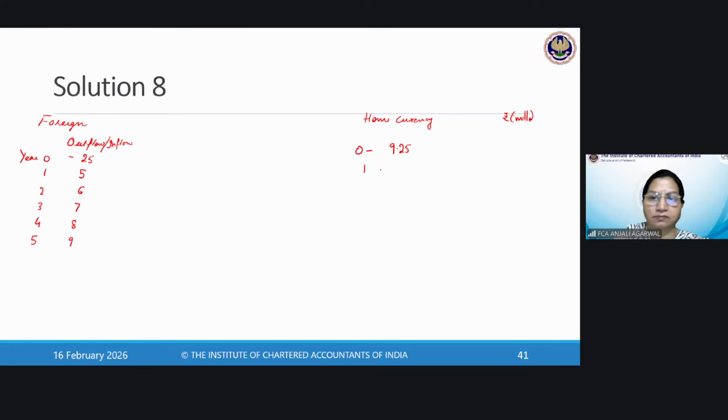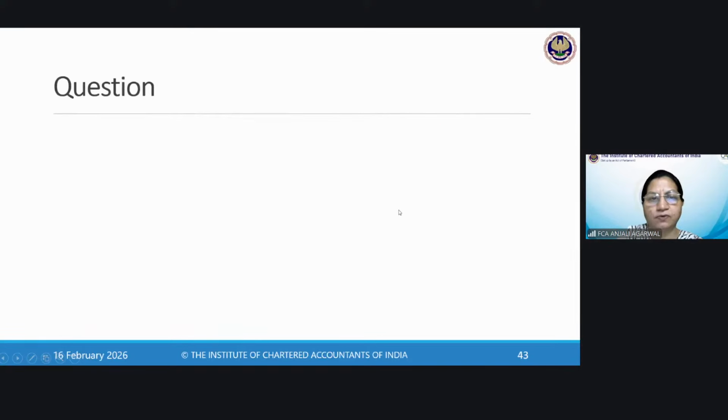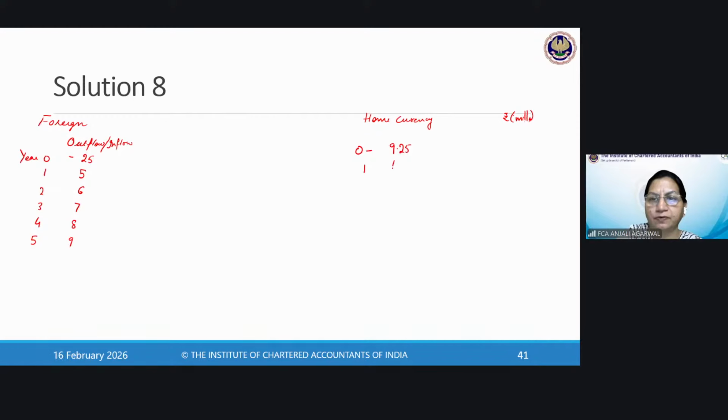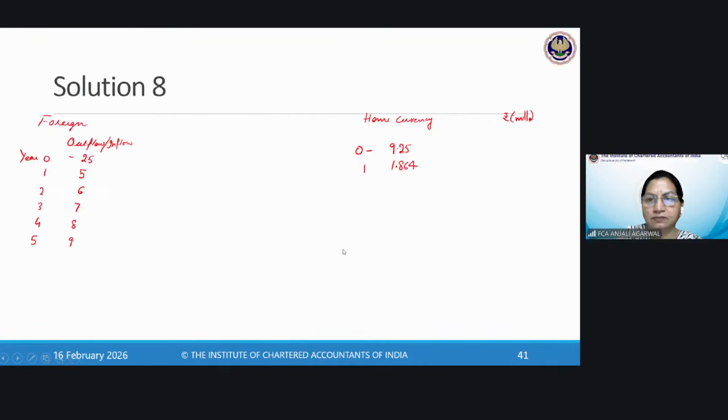And first year, 5 million will be converted using 0.3728. So it is 1.864. 6 million will be converted into 6 into 0.3756, 2.2536.